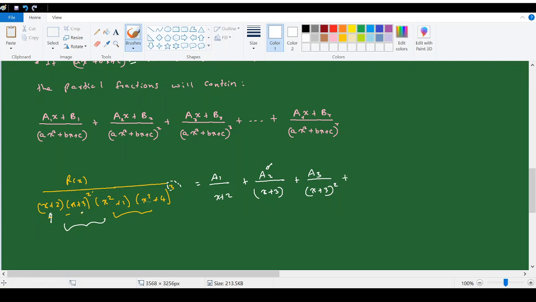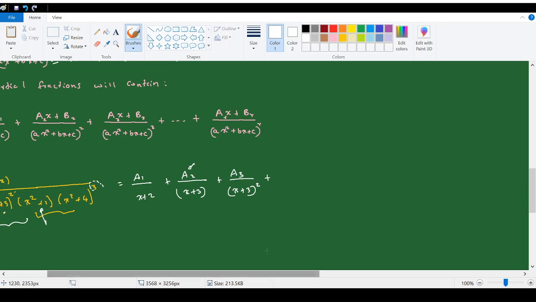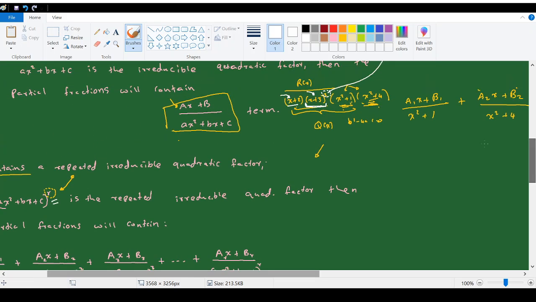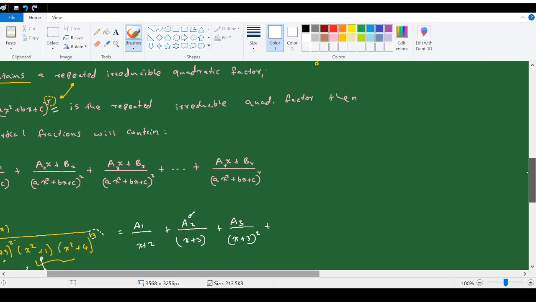And for the non-repeated irreducible quadratic factor, it falls under the third category, where we allocate a first degree polynomial with unknown coefficients, right?